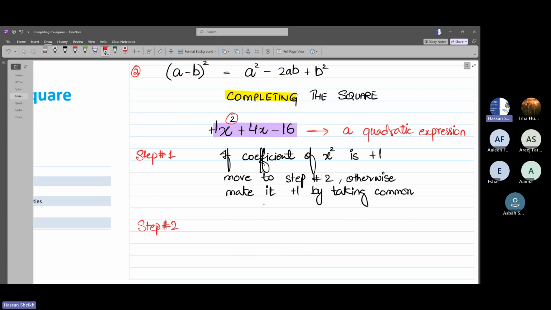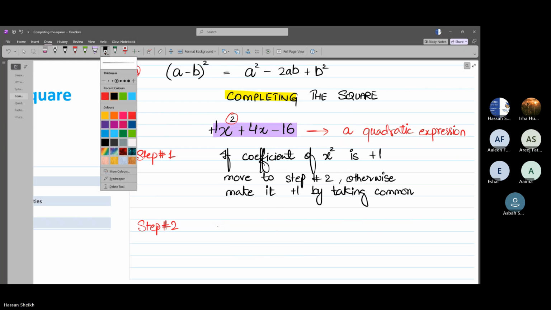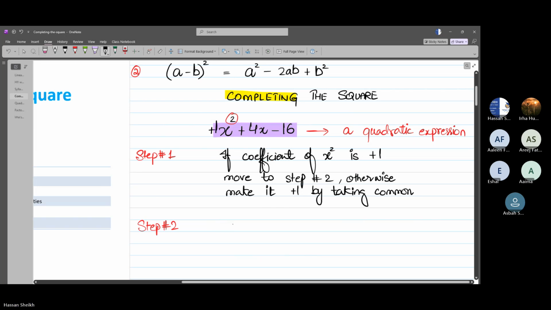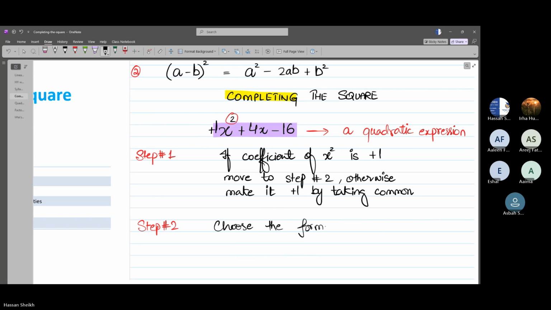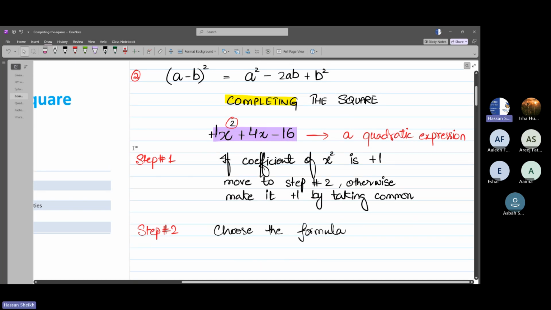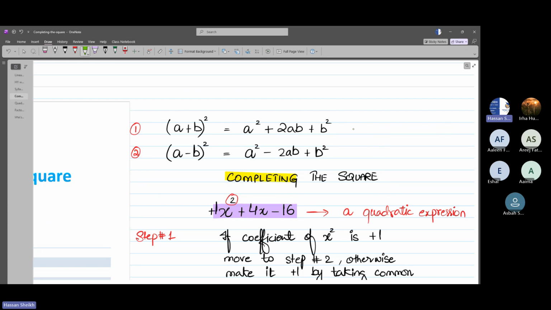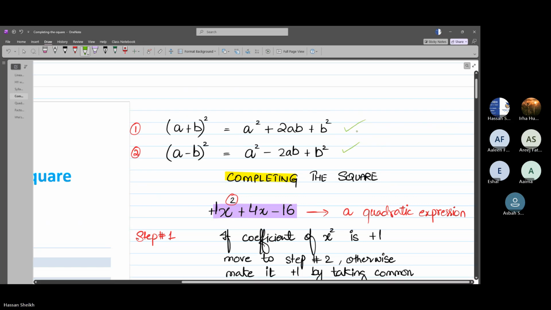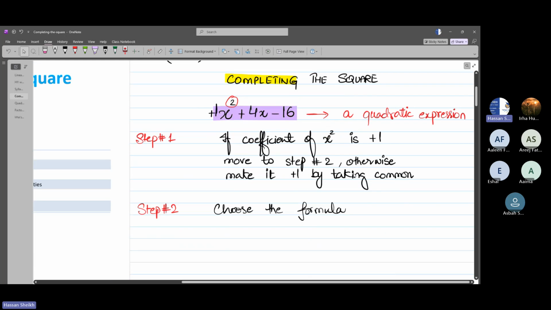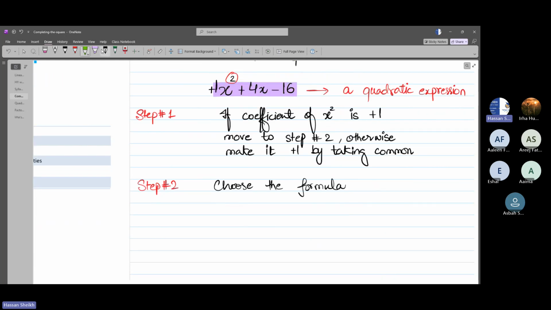In step 2, we need to choose the formula. Which one of these two do we need to pick here? It depends on the coefficient of x.